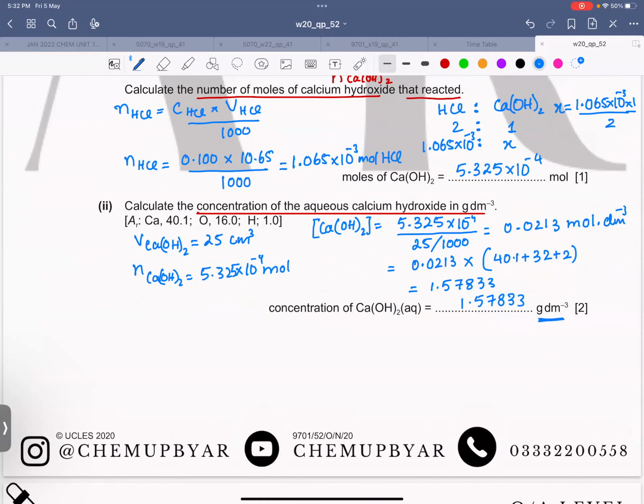What I have to find? Gram per dm cube. And here what I have found? Mole per dm cube. If you consider that the dm cube thing is a constant, so whenever there are moles and you have to turn into mass, you have to multiply moles by MR to obtain grams.